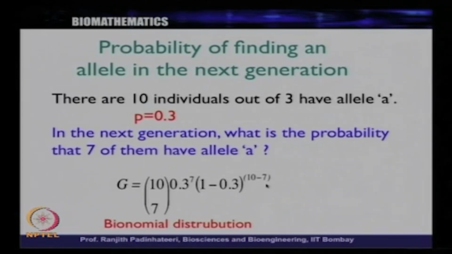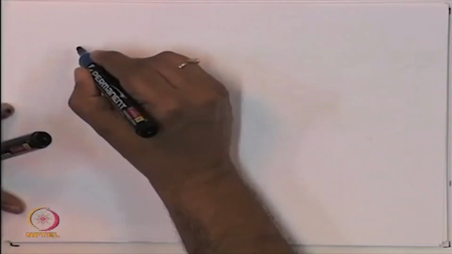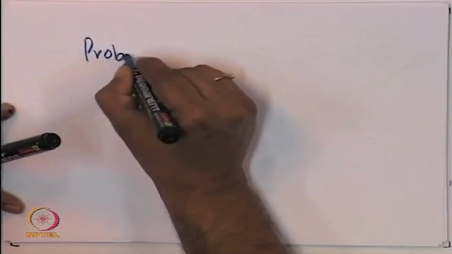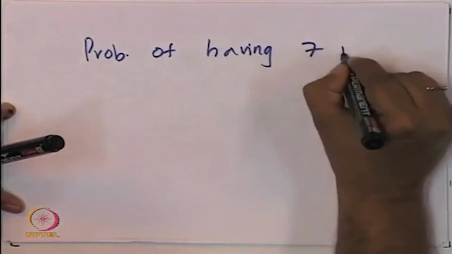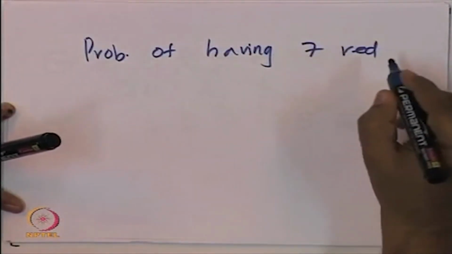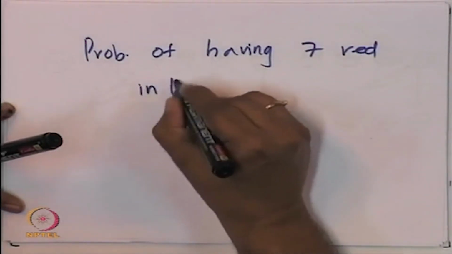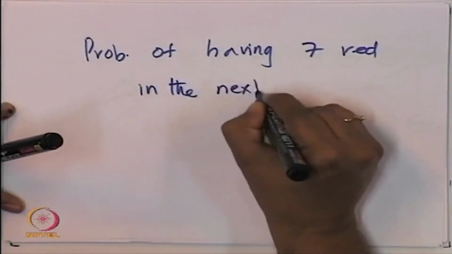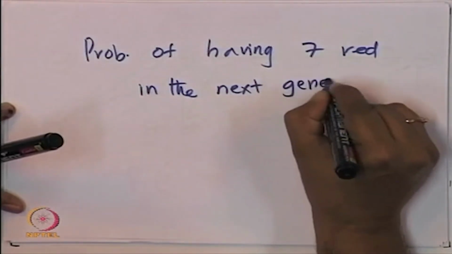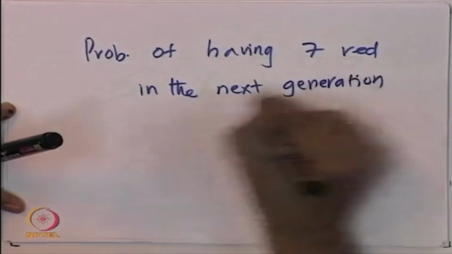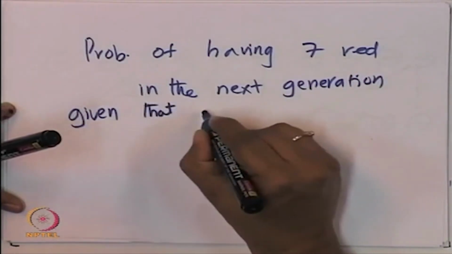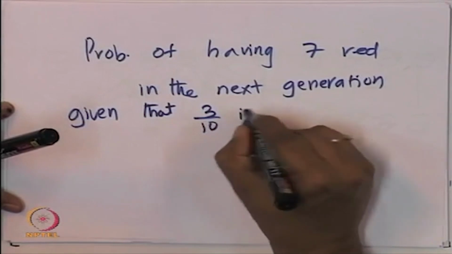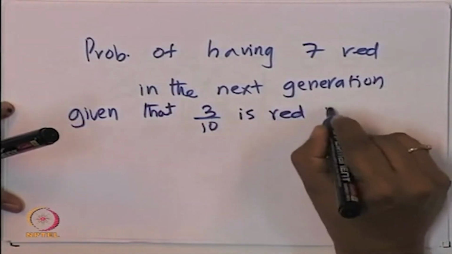So, what are we asking? The probability of having 7 red, or 7 of a particular color, in the next generation, given that 3 out of 10 is red in the current generation.